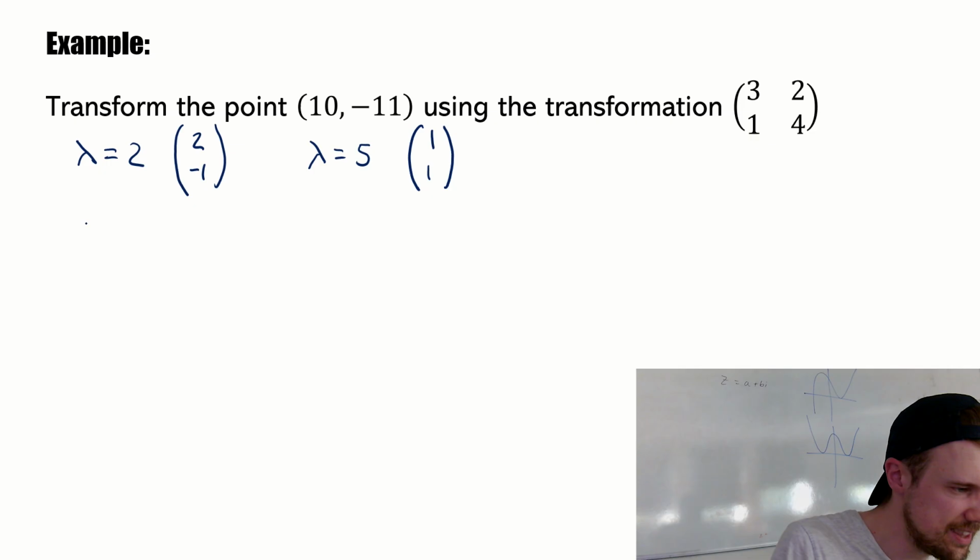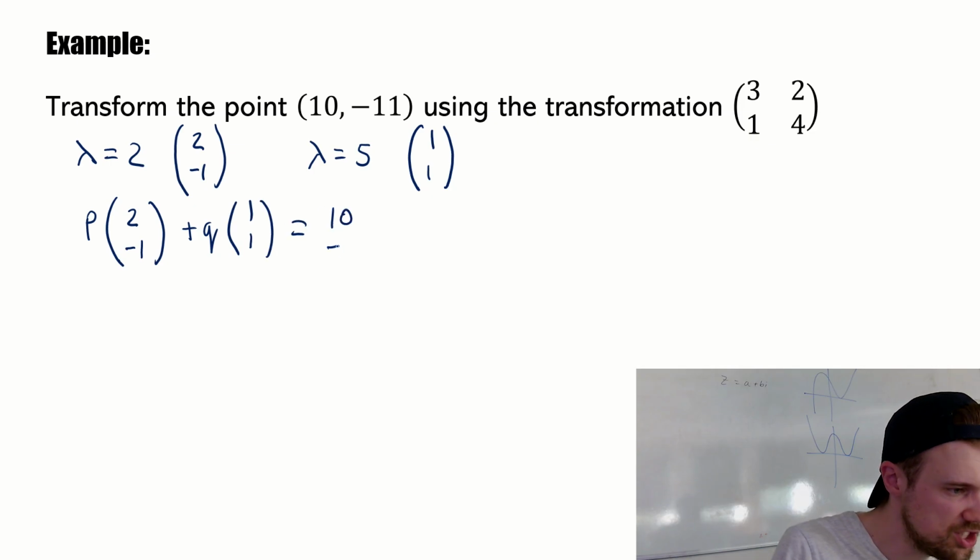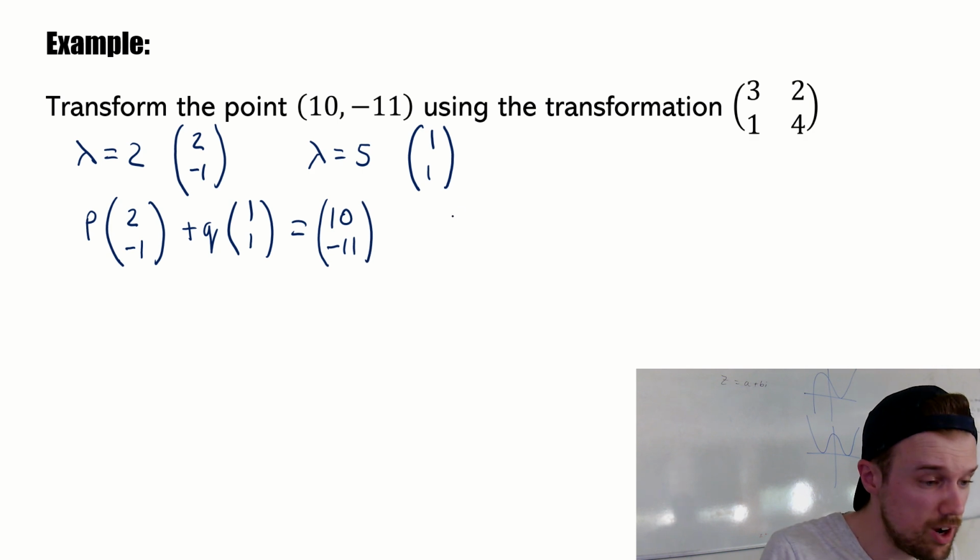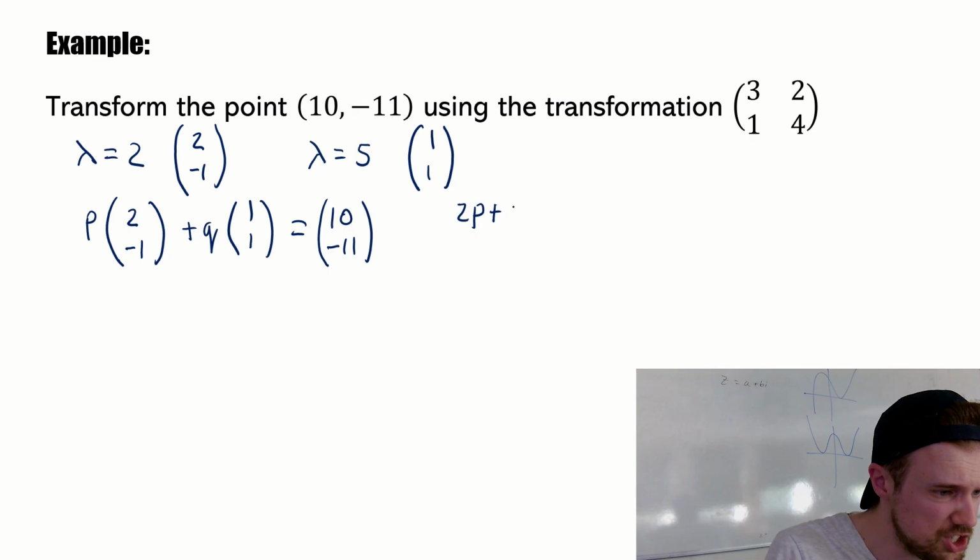So what we're saying there is there's a linear combination of our two vectors, (2, -1) and (1, 1), that can come together to make the coordinates (10, -11). To find out what those are, you could rewrite these as simultaneous equations. So of course we've got 2p plus q is equal to 10, and we've got minus p plus q is equal to minus 11.